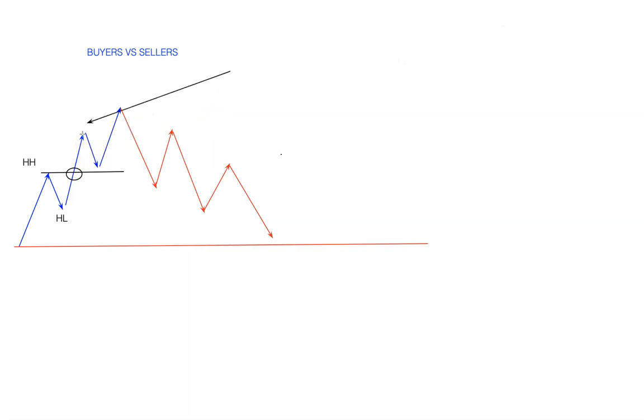No, what we do as traders is we wait for that resistance break. We wait for that higher high to form, and we're not entering until we see a valid higher low.